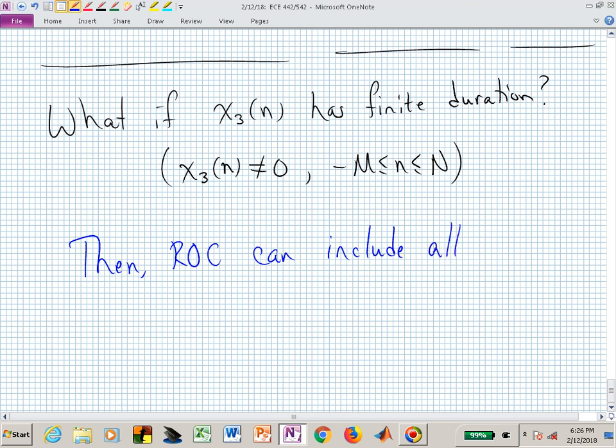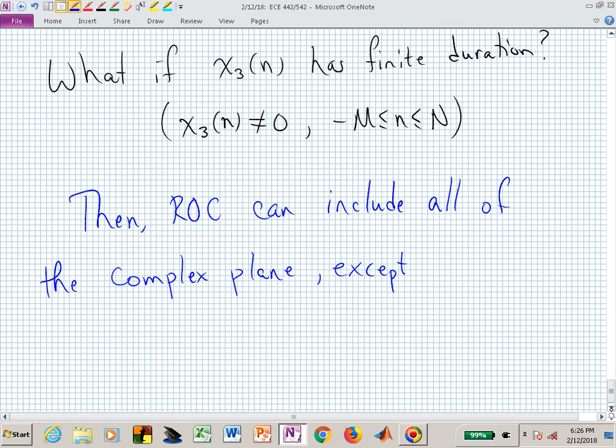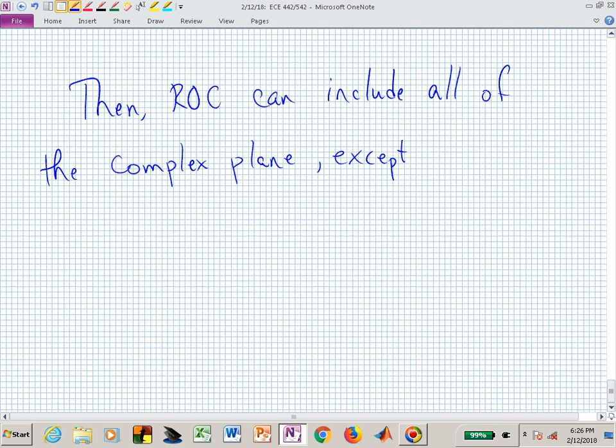Then the region of convergence can include all of the complex plane except two different cases. A, region of convergence doesn't go off to infinity.